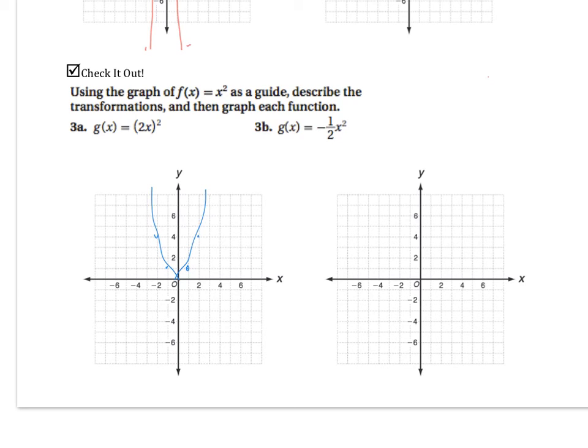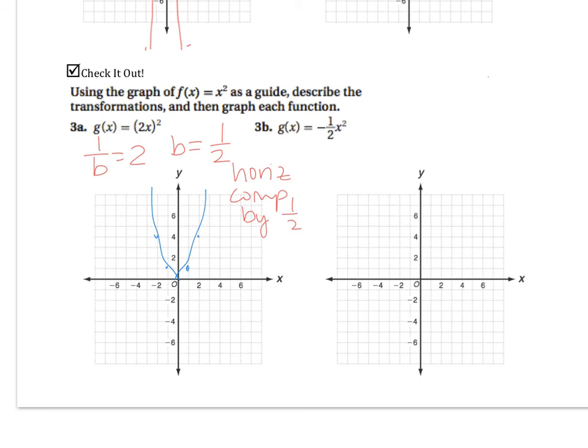Right, let's look at what's happening here. It's inside parentheses and it's a factor, so my 1 over b equals 2. So b equals 1/2. So it's a horizontal compression by 1/2. And that's the only thing that's happening.